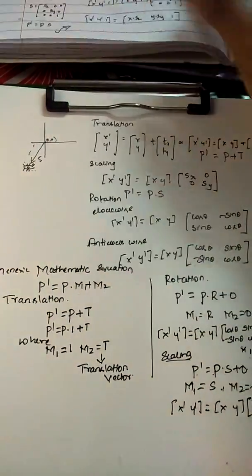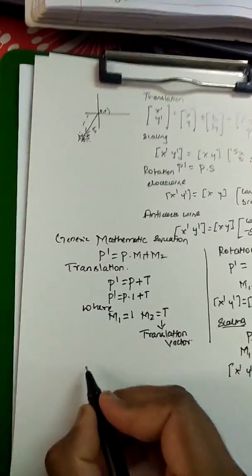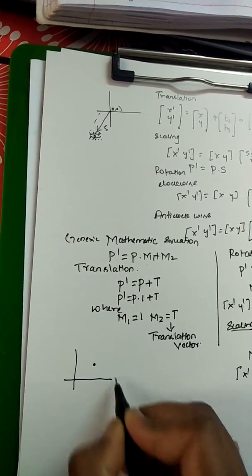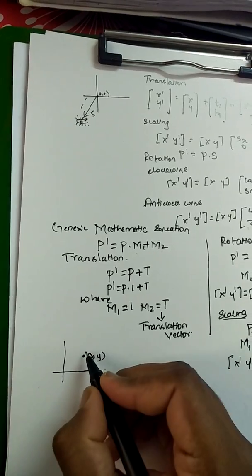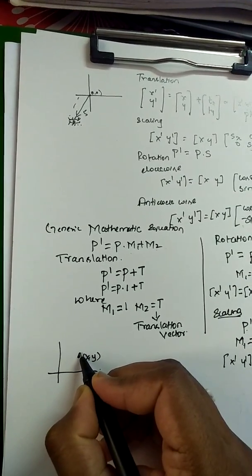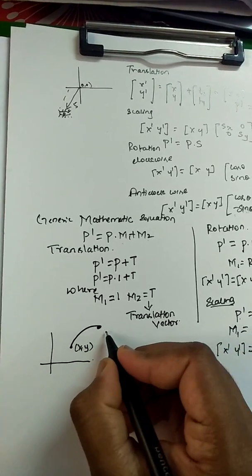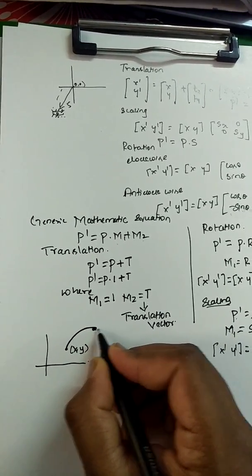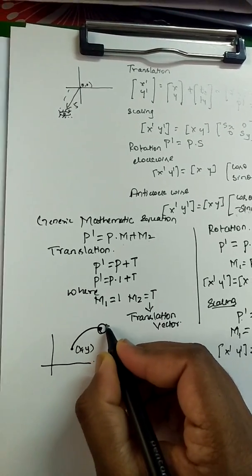My question is, let's assume I have a point here with coordinates x and y. I make a translation and move it to another point, and I scale it to a big size.